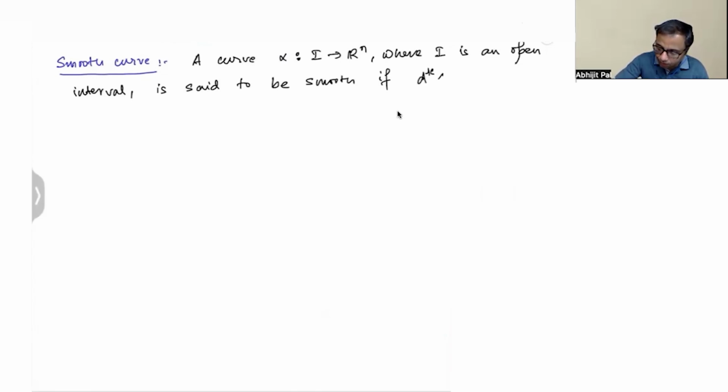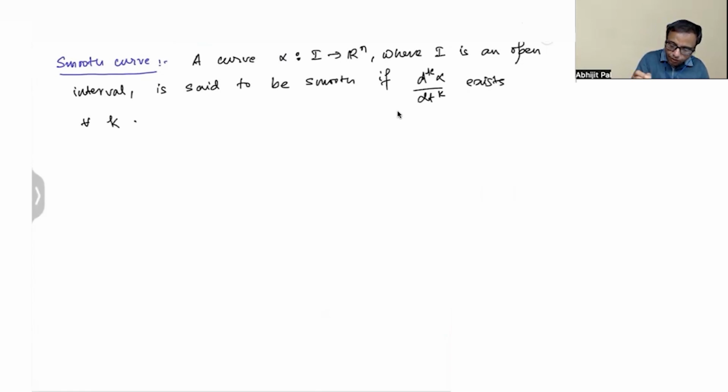So if this derivative exists for all k, this is the meaning of smooth curve.